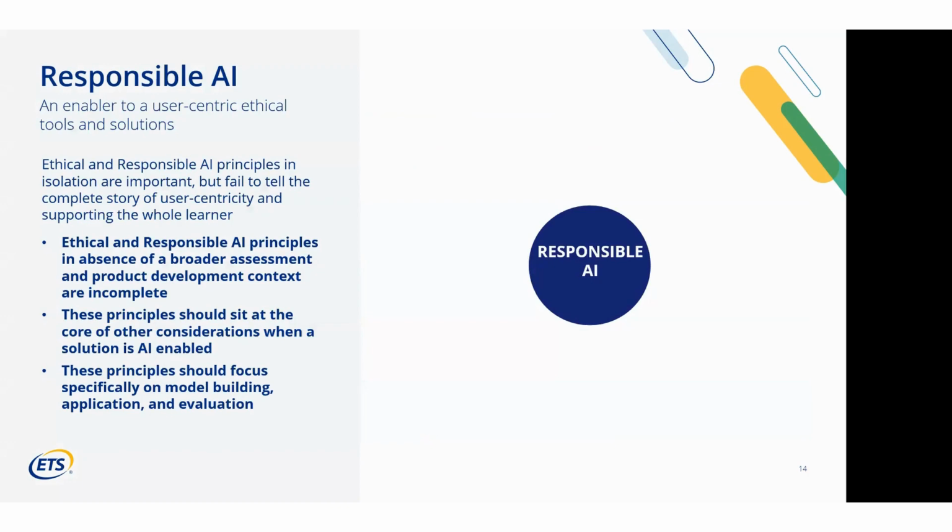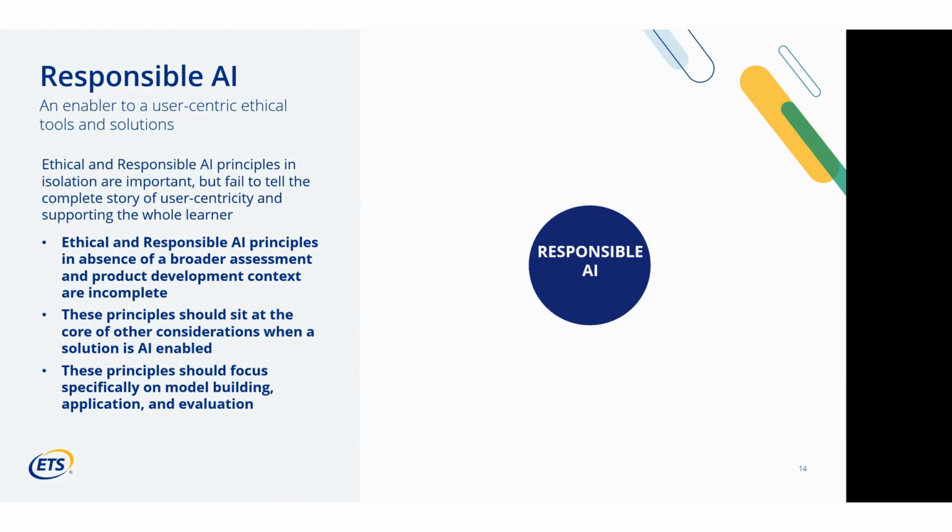So just to give you something to take away that I think is incredibly important is that responsible AI, as we're thinking about it at ETS, is really an enabler to a user-centric ethical tool or solution. Ethical and responsible AI principles in isolation are important, but don't tell the complete story of user centricity.